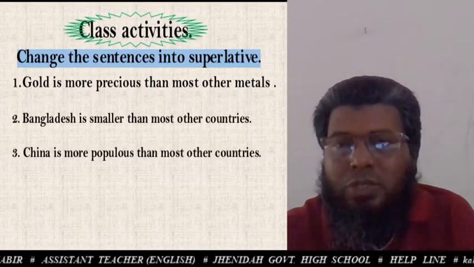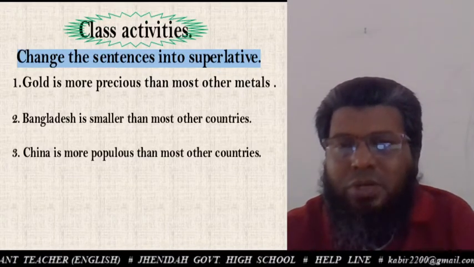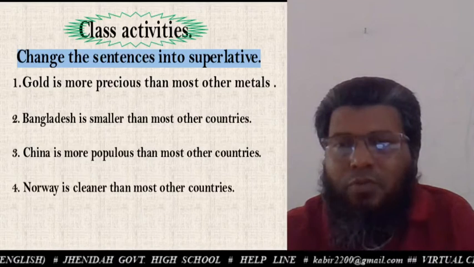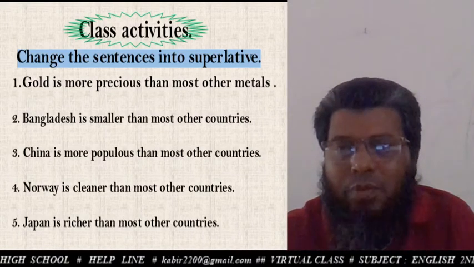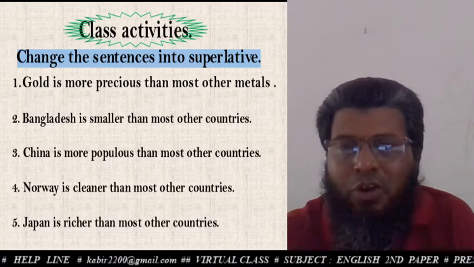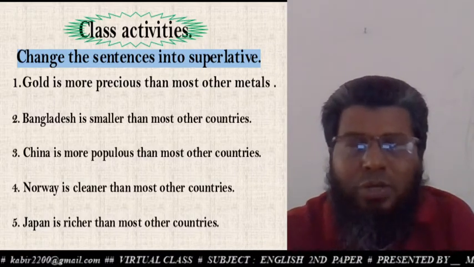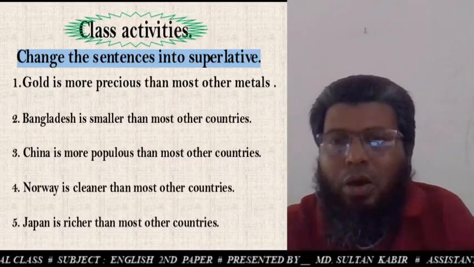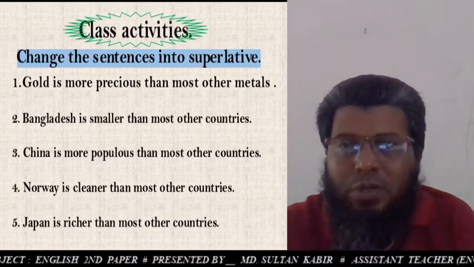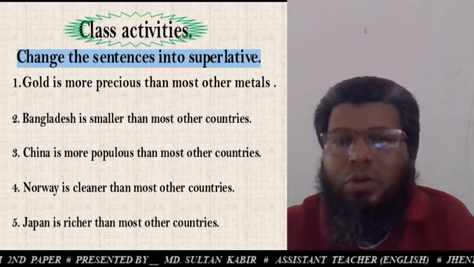Third one, China is more populous than most other countries. And number 4, Norway is cleaner than most other countries. And number 5, Japan is richer than most other countries. Fine, so there are 5 sentences here, so you will change all these 5 sentences into superlative by following the rules we have learned.